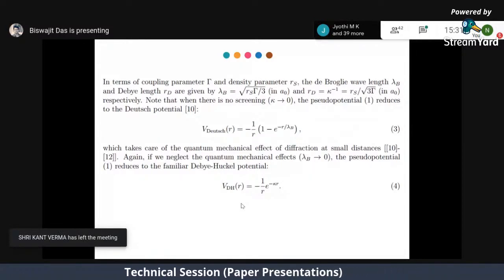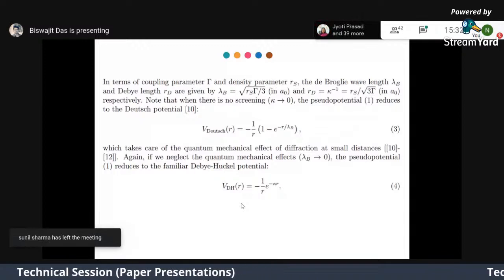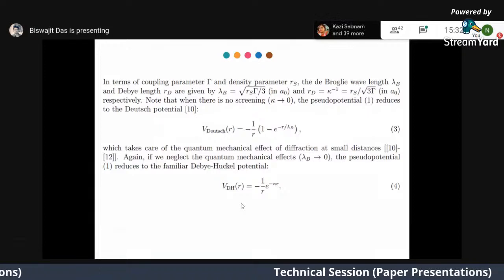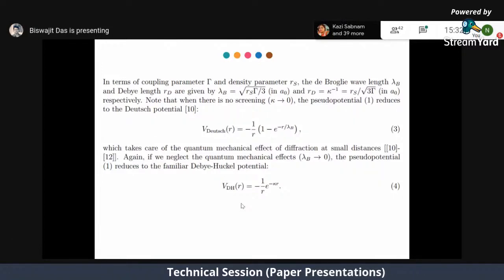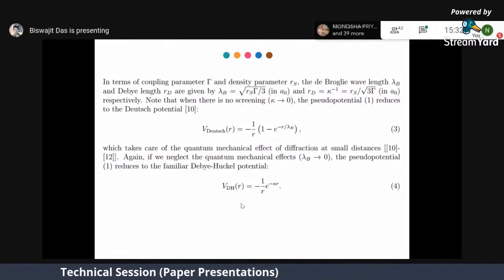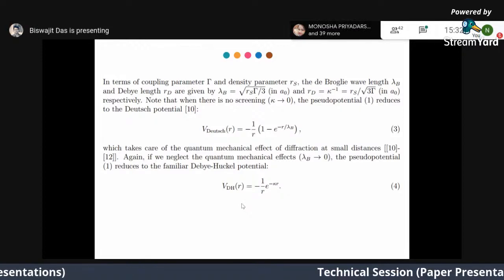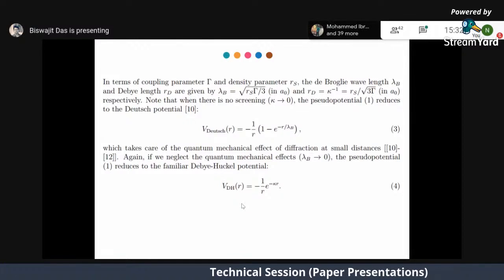Again, if we neglect the quantum mechanical effects, that means lambda b tends to 0, the pseudo potential reduces to the familiar Debye-Hückel potential given by equation 4, that is 1 by r into e to the power minus kappa r.